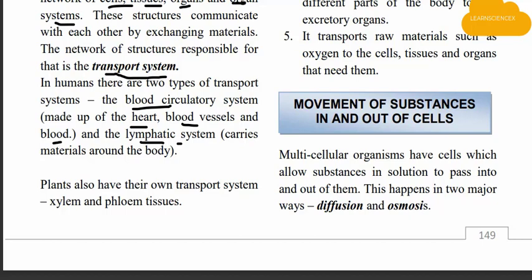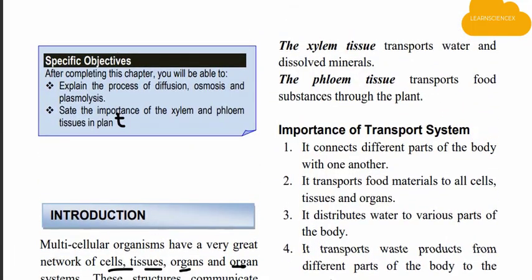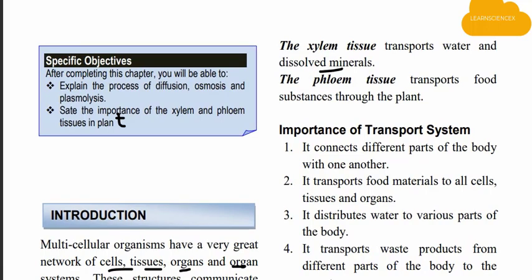Plants also have their own transport system, which is the xylem and the phloem tissues. The xylem tissues transport water and dissolved minerals, while the phloem tissue transports food substances through the plant.